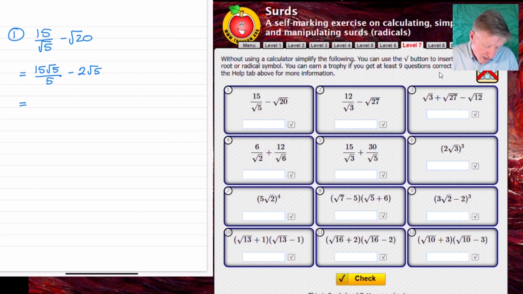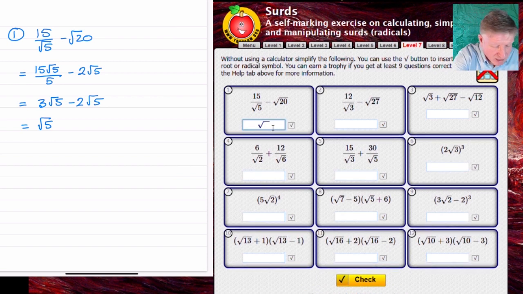Now, simplifying that fraction, I've got 3 root 5 minus 2 root 5, which is just equal to the square root of 5. So the answer to the first question is just the square root of 5.